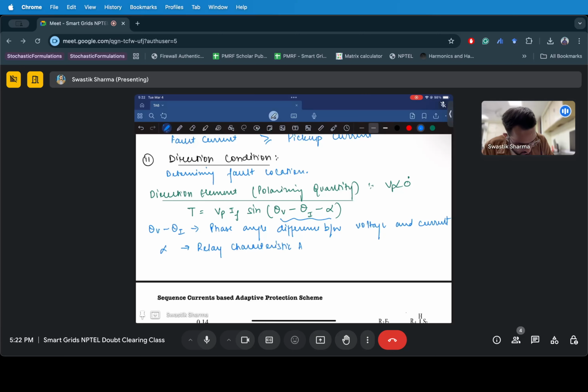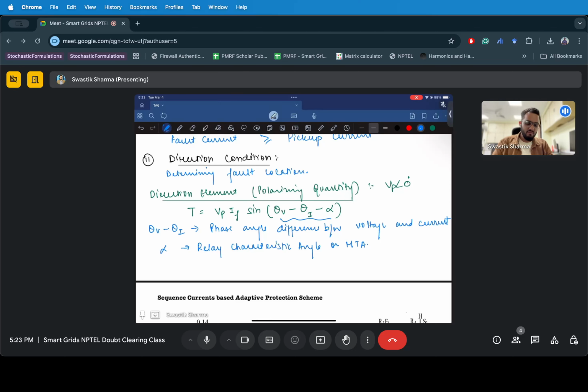So why do you use this? It's generally used because the transmission network or the distribution network has an inherent impedance angle as well, right? So to make sure that the maximum torque angle that you can derive, also called MTA, the angle at which maximum torque occurs, accounts for the impedance of the transmission line or the distribution network, you can phase shift appropriately, so that you can have a correct sense of directionality of how the fault current is behaving.